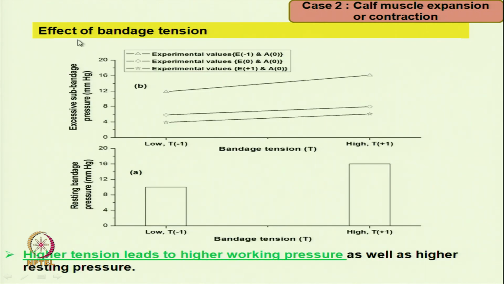Next is the effect of bandage tension. Here, if we increase the bandage tension, this is the lower tension and this is a higher tension, as we have seen already.